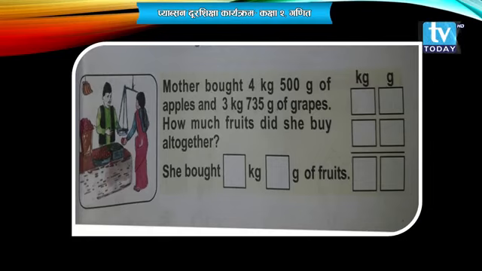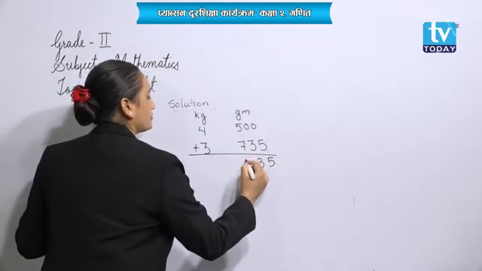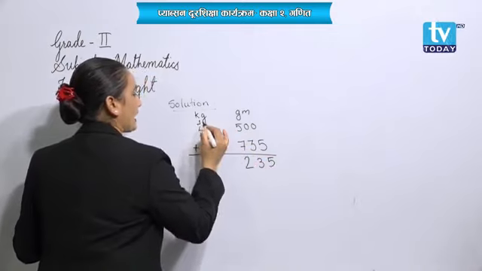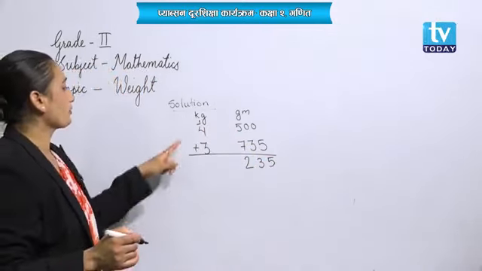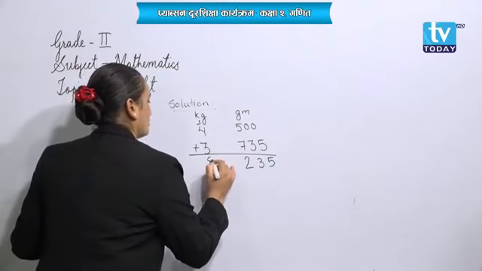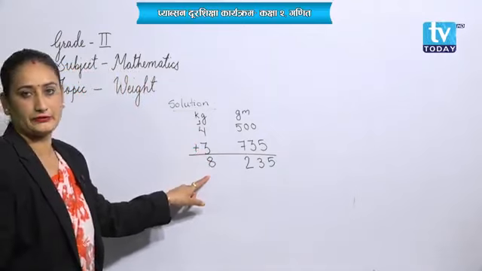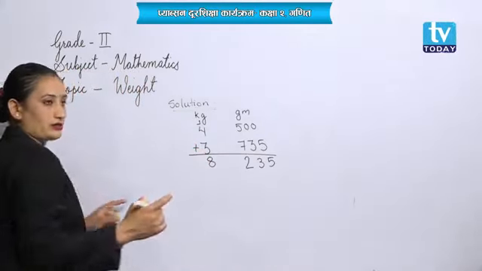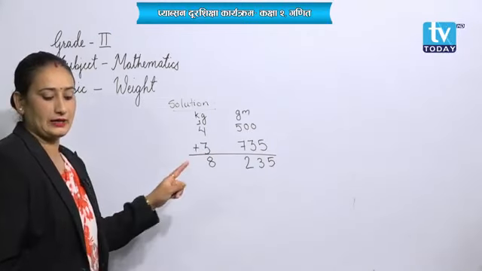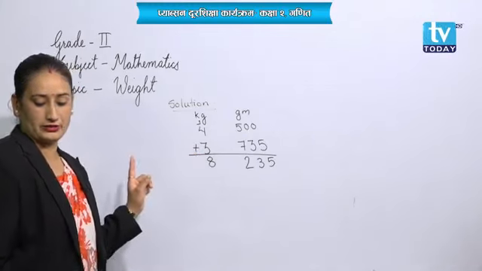So, let's add it then. 5, 3, 12, 1 must be carried. Okay, you are in grade 2, so you have to show the carry also. Okay, 4, 5, 3, 8. Now you have to write it this way. She bought, over there, what is written? She bought dash kg dash gram of fruits. Right?